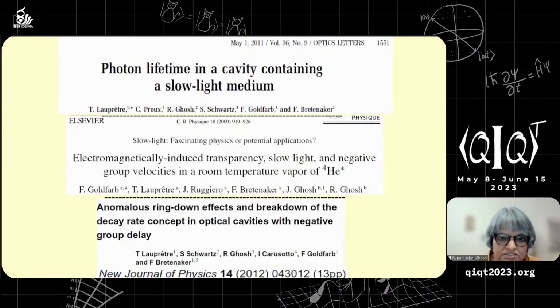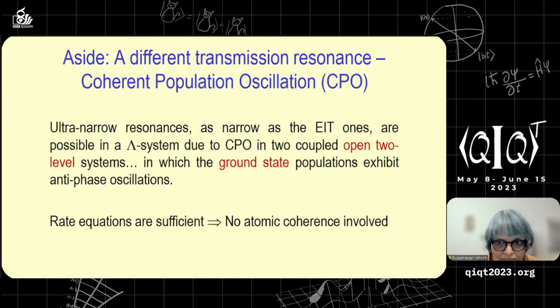We actually did some experiments, and here is some sample of this, where we have actually shown what I call negative light. So before the light enters the medium, it has actually come out already. So very peculiar things.